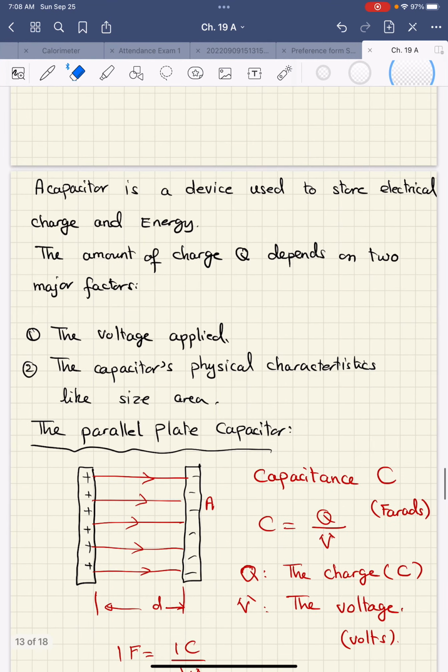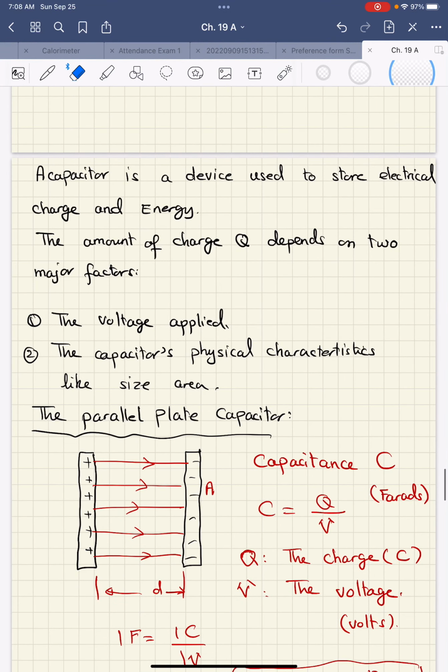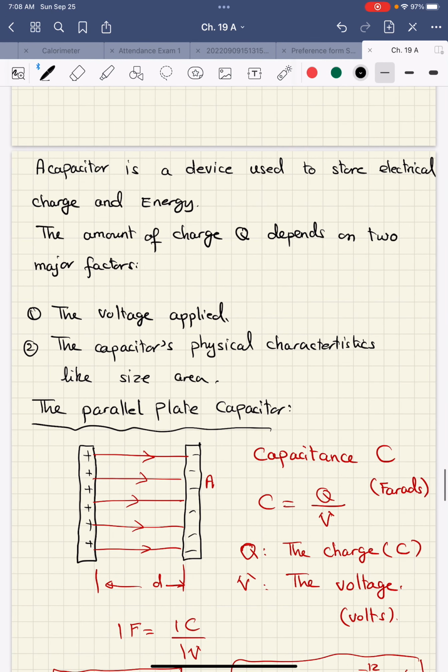We are going to move to another topic which is really important, which is capacitors. Capacitors are devices that are used to store electric charge and energy, and they are very important electronic components. You're going to find them in almost everything.